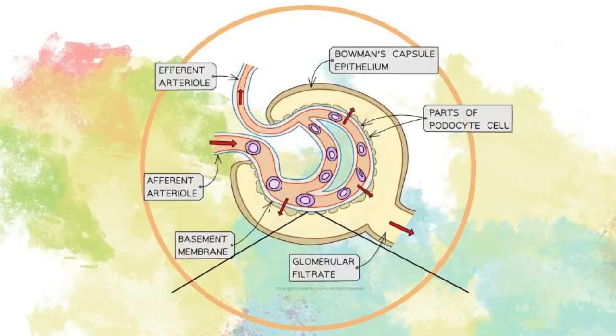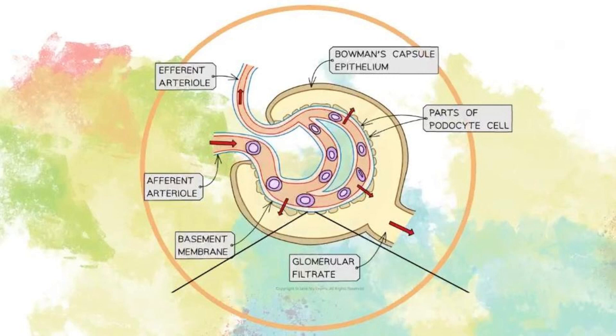So let's go through that one more time with some added details. The arterioles branch off the renal artery and lead to each nephron. They form a knot of capillaries called the glomerulus, and they sit inside the cup-shaped Bowman's capsule. The capillaries get narrower as they further divide into the glomerulus.